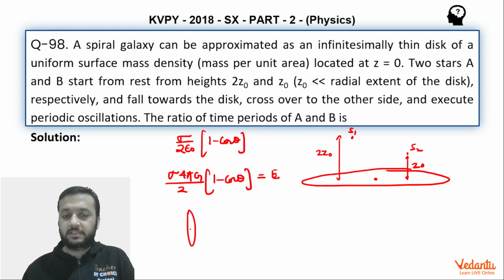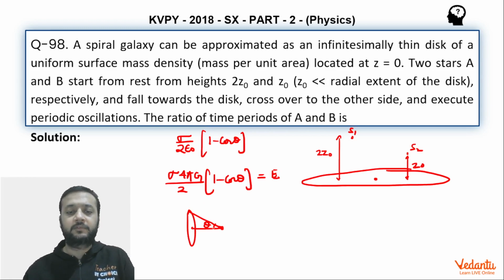So if you have this type of disk, then at an angle theta, this will be the value of the gravitational field. But if we choose this point very close to the center, because this r is very large in comparison to this distance, cos theta we can say approximately becomes 0, because theta becomes pi by 2. So we can say that this gravitational field will be constant.